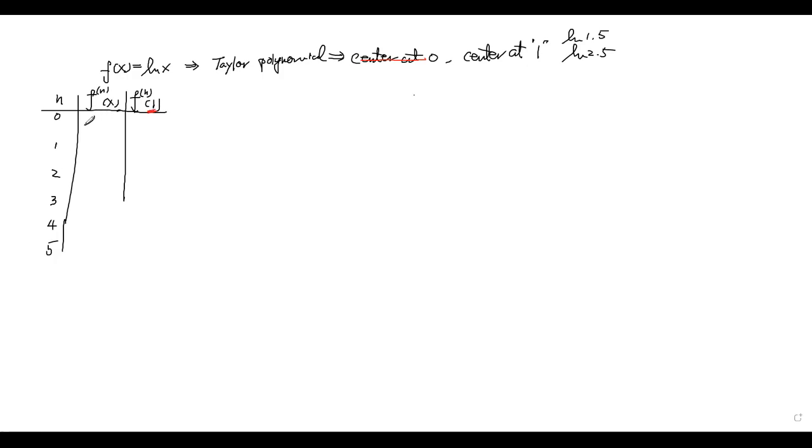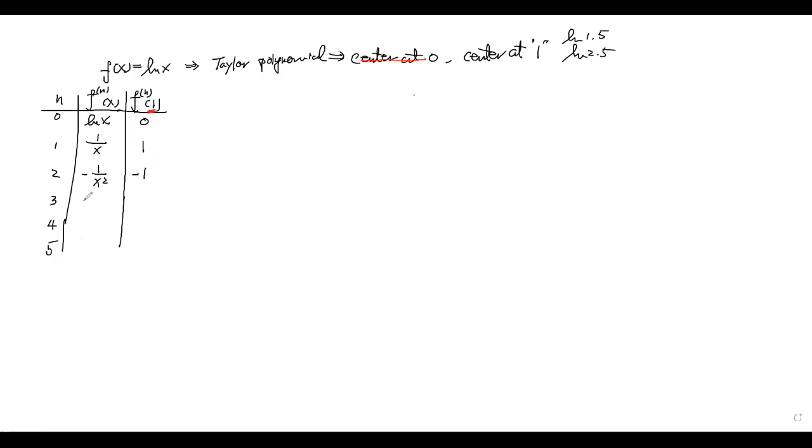The first function is the natural log of x, centered at 1, that will be 0. The next one is 1 over x, the derivative of natural log of x; you put 1 in, so this is 1. The next one is negative 1 over x squared; you put 1 in, so it's negative 1.